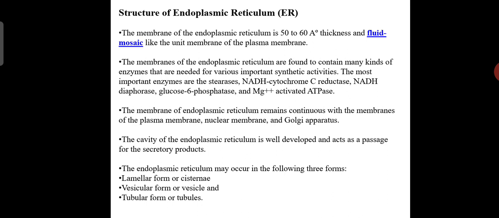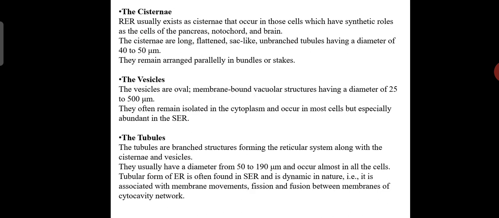The ER may occur in the following three forms: lamellar form or cisternae, vesicular form or vesicles, and tubular form or tubules. First one is the cisternae.